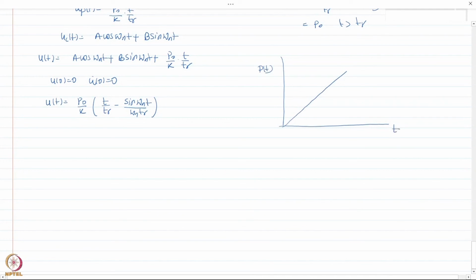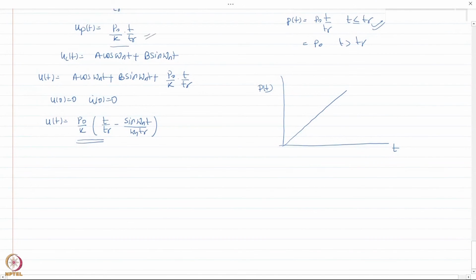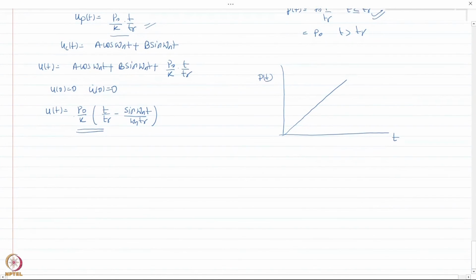Okay, this is my t. The first part is nothing but the particular solution from here, and this is basically a linearly increasing function. So the first part is basically p naught t by tr multiplied with a factor of 1 by k, and this is basically u static of t.